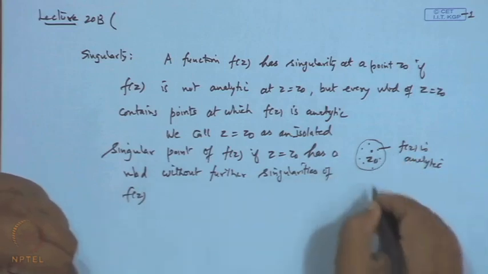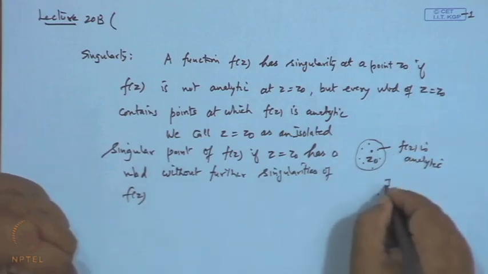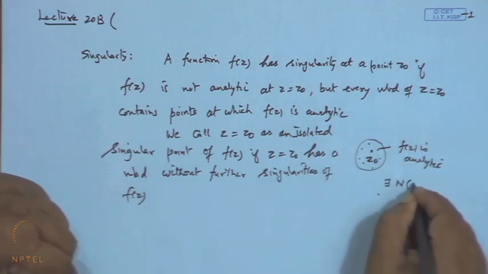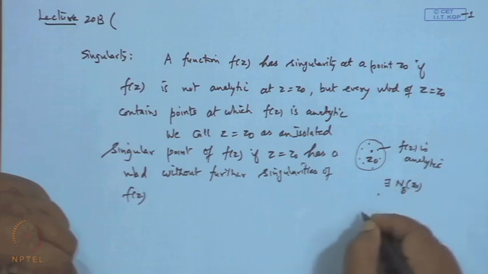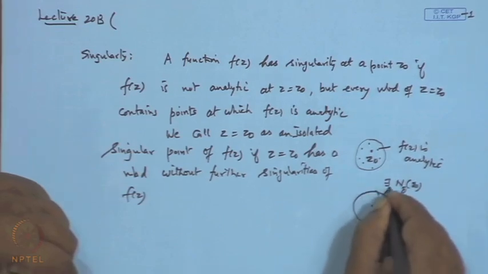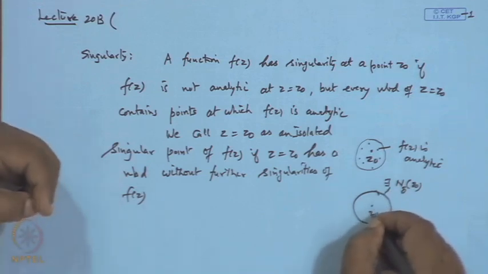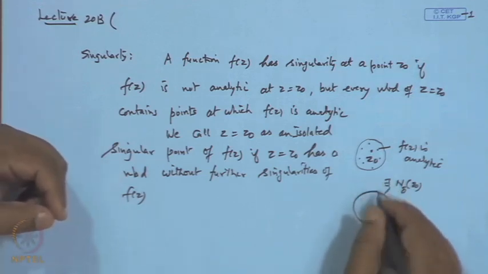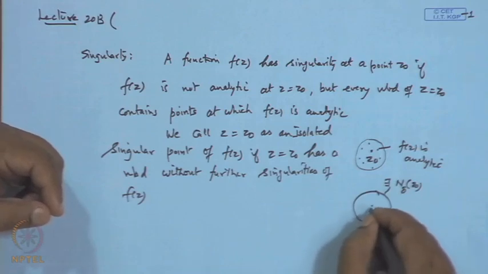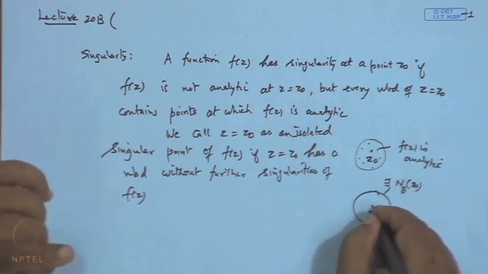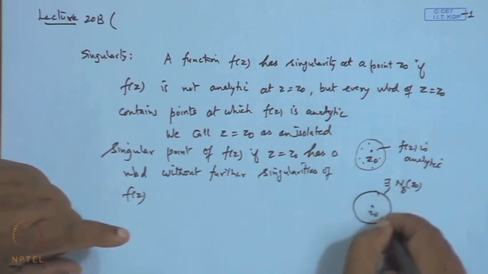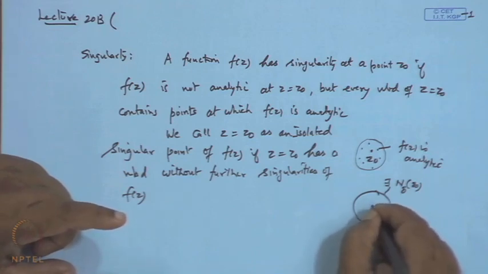It means there exists a neighborhood of the point z naught with a suitable radius delta naught, such that this neighborhood is free from the singular points of f z except z naught, meaning the function is analytic everywhere in this neighborhood except at z naught.